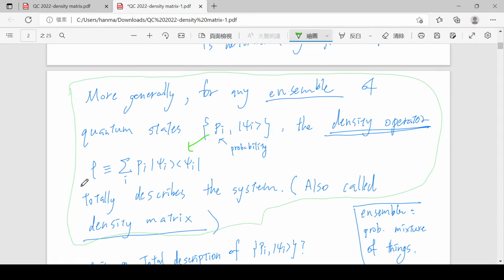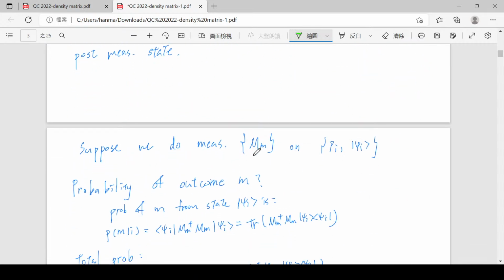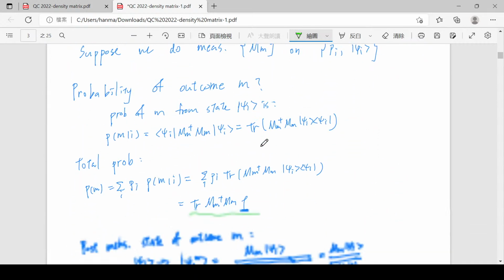And we showed that every feature of this ensemble can be calculated from this density matrix. Also, this mapping from ensemble to density matrix is not one-to-one. There are many ensembles that will map to the same density matrix, as we'll see later.